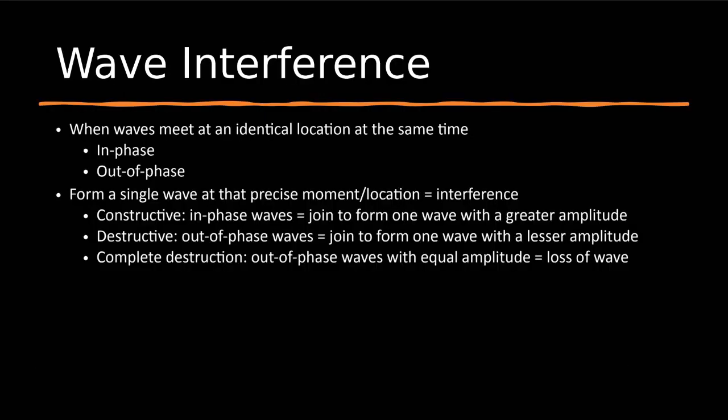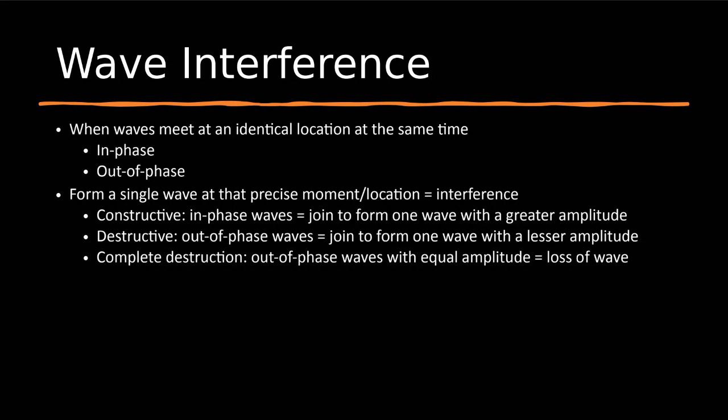Now, when we have these two waves where the max values are either occurring at the same time, or they are not occurring at the same time, we consider that wave interference. So what is happening to those two waves? How are they behaving? In phase waves and out of phase waves are both going to join to form one wave at the same time.